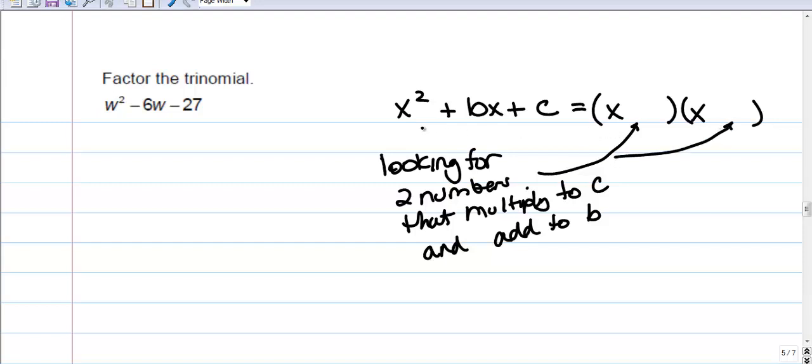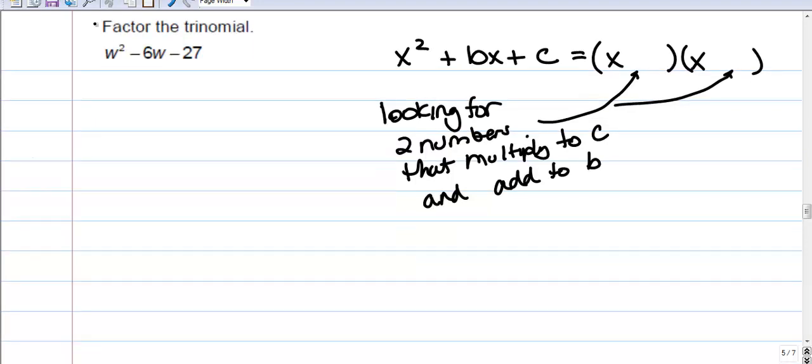So on this one, I'm looking for two numbers that multiply to negative 27 and add up to negative 6. If I think about the factors of 27: 1 and 27, 2 doesn't work, 3 and 9, and there it is. I think those are the only factors of 27, because 4, 5, 6, 7, and 8 don't work.